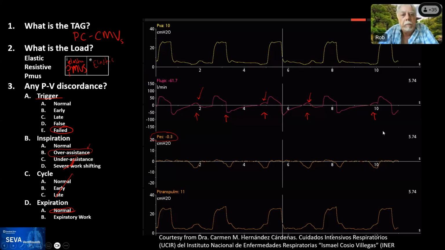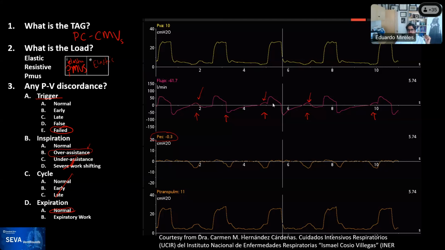Yeah, there are several items to consider here according to your goal, right? If your goal was safety, and you're looking at these waveforms, this is something where the patient is doing effort with the diaphragm and not getting any support. So that's potentially going to lead to fatigue and other items besides sedation and anxiety and whatnot.